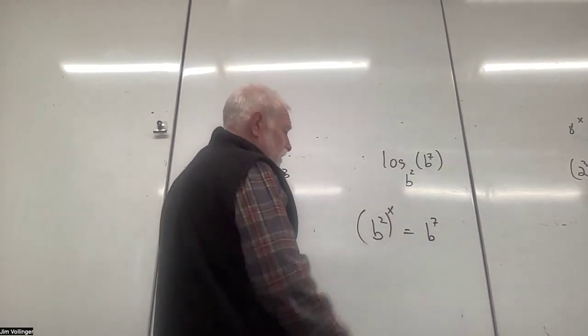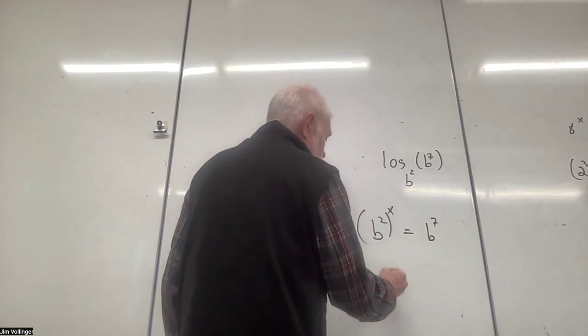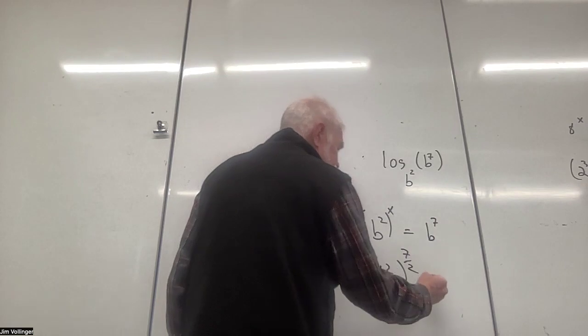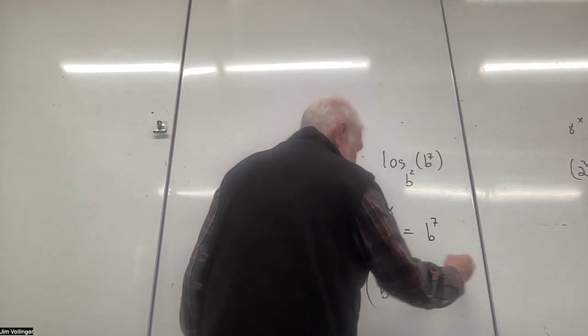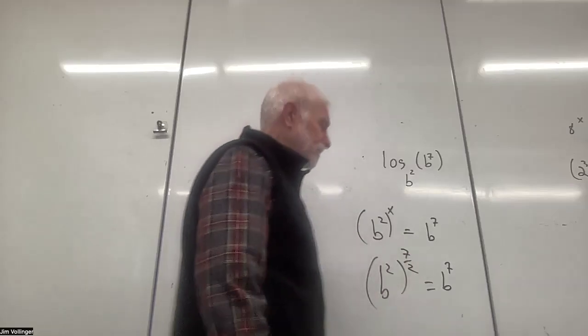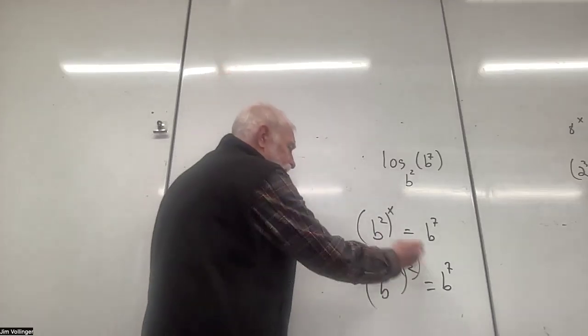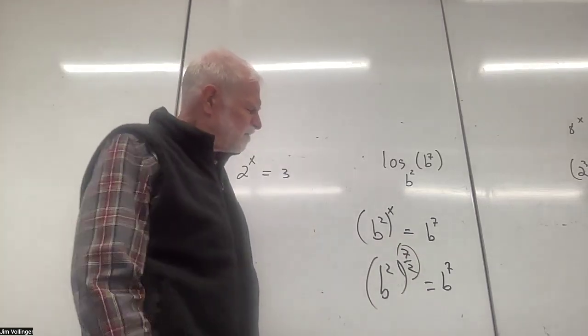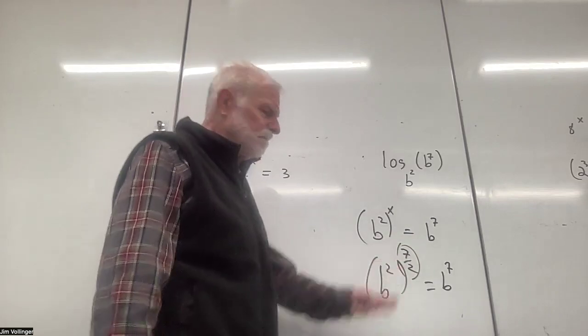And it sure looks like it would be b squared to the, I don't want a 2, I want a 7. I don't want square root, I don't want squaring, I want 7th powering. And I guess I find my answer. Kind of hard to see it, but there it is.